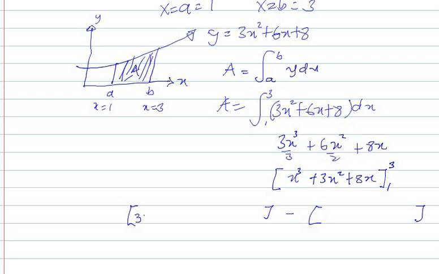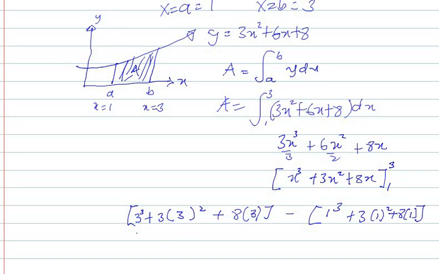Then we have 3 cubed plus 3 times 3 squared, plus 8 times 3 for the upper limit. For the lower limit we have 1 to the power 3 plus 3 times 1 squared plus 8 times 1.